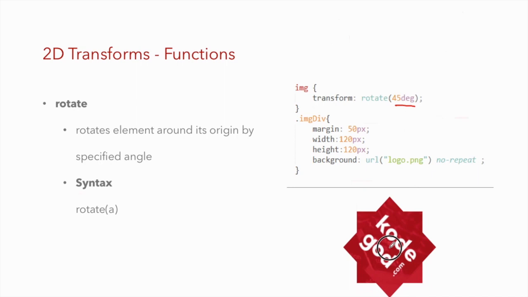This was the origin of this image, and the image has got rotated by 45 degrees. We can also have these values as minus 45 degrees and something like that. So minus 90 degrees or minus 10 degrees, this is something that you can write over here.